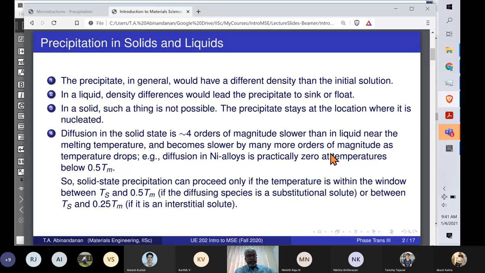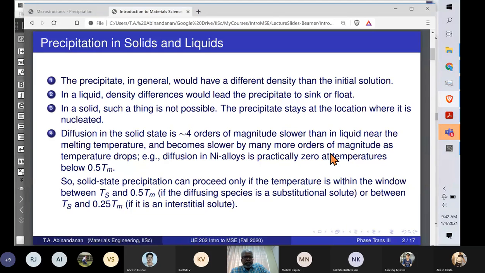As we said in the previous class, in the liquid, usually there is a density difference. Whether the precipitate is a solid phase or a liquid phase, it would have a density which is different from that of the parent liquid, and because of that, it would either sink to the bottom or float at the top.